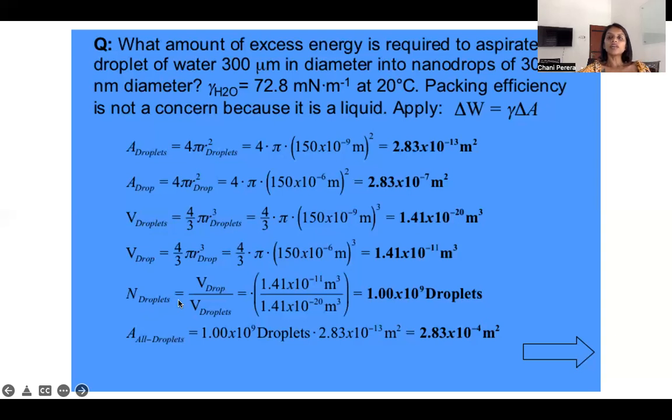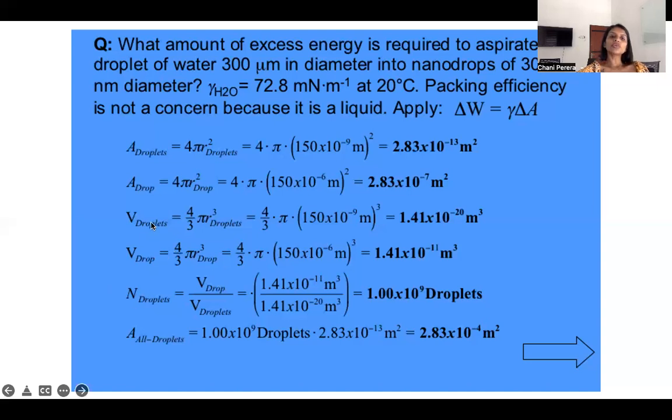Then you are given the big water drop's diameter. You know the diameter of the small droplet or nano drops, so you can calculate how many nano drops you can create from that one big droplet of water, which is 300 micrometer in diameter.